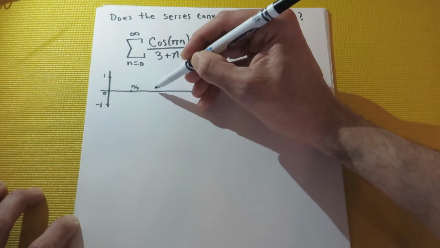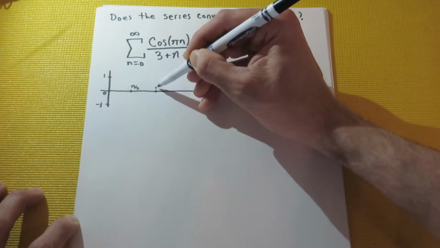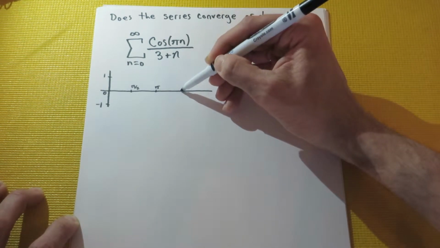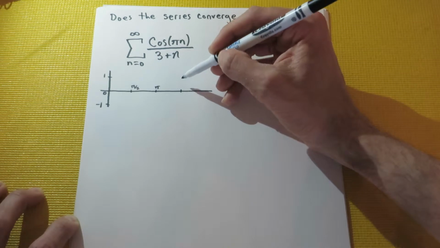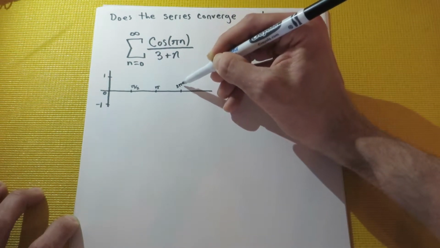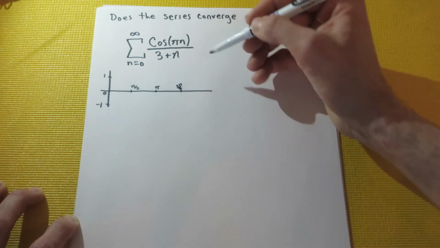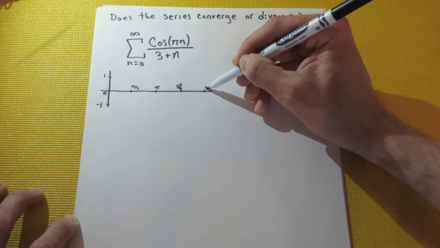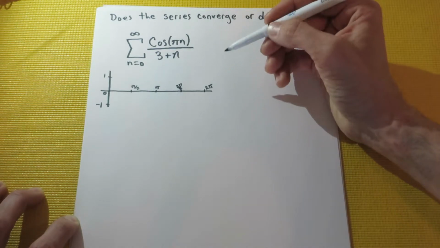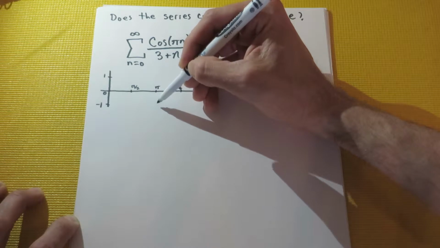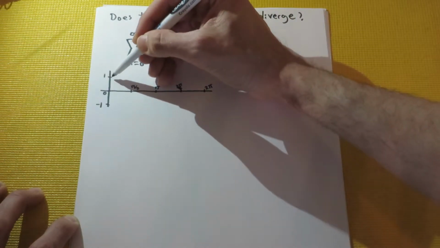And we're going to have intervals of pi starting at pi, or 1 pi. And over here we're going to have 3 pi halves. And somewhere over here we might have 2 pi. There we go. So we know that our cosine function is just going to oscillate here, starting at 1.